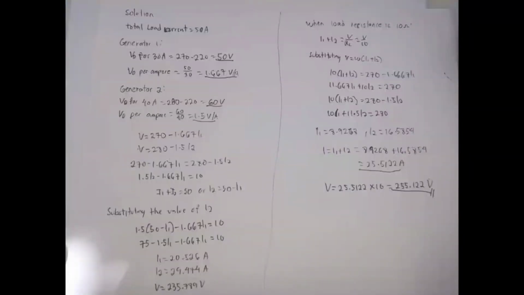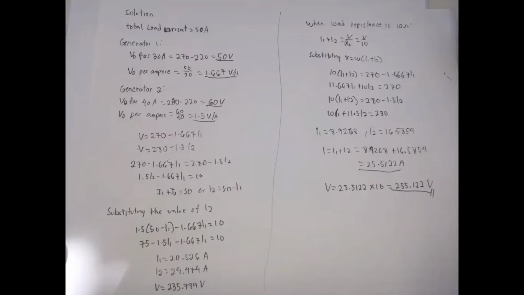Solution. The total load current is 50 ampere. Start from generator 1. Voltage drop for 30 ampere is equal to 270 minus 220, which is 50 volts.